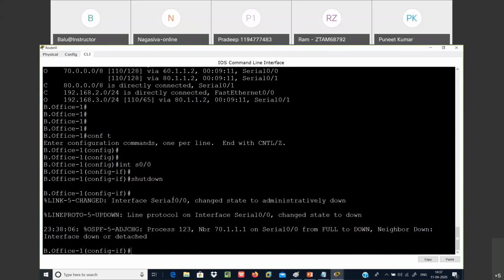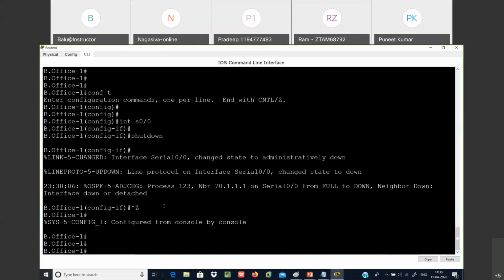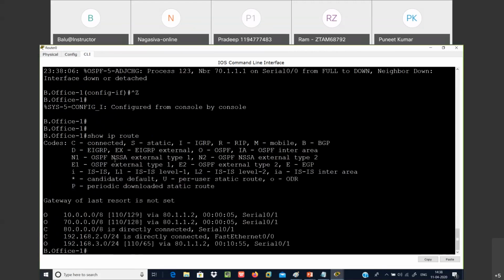And this link is now down. Now back to privilege mode. If we check the IP route command, the routing table, you can see here 10.0.0.0 network 110 by 129. The traffic is going via serial 0/1.